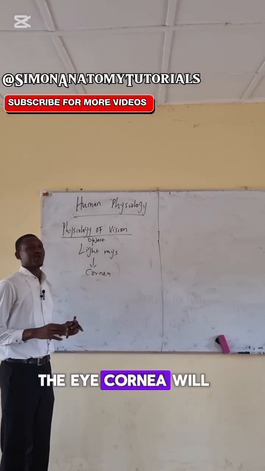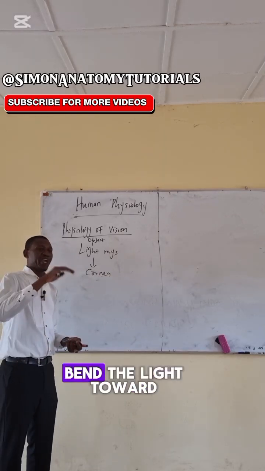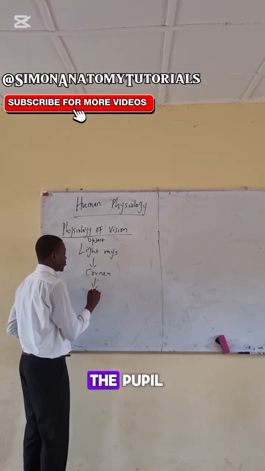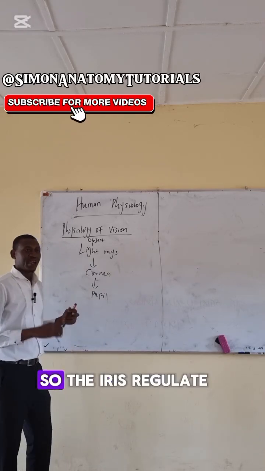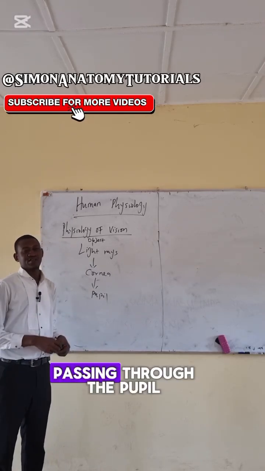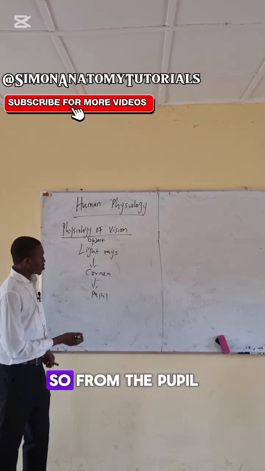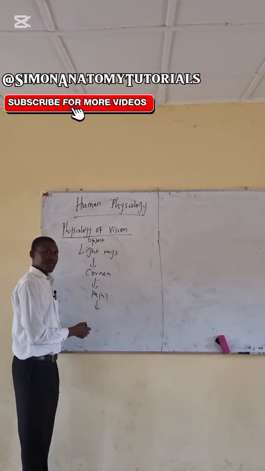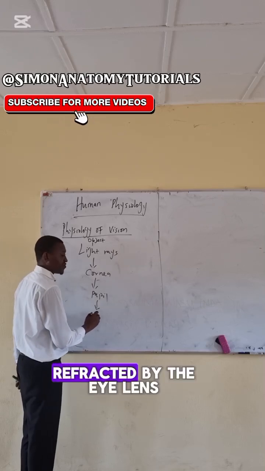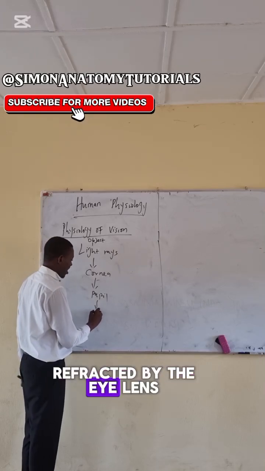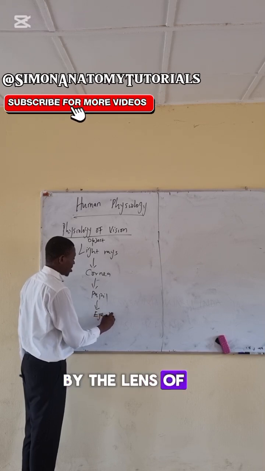So the eye cornea will now refract, it will bend the light toward the pupil. The pupil is the opening in the center of the iris. So the iris regulates the amount of light passing through the pupil. So from the pupil, this light ray will now be further bent, it will be further refracted by the lens of the eye.